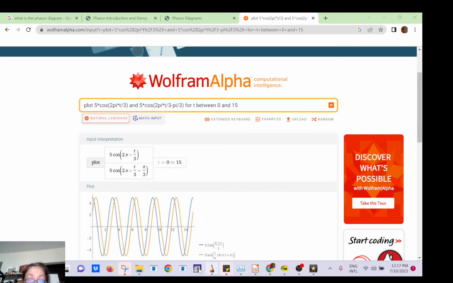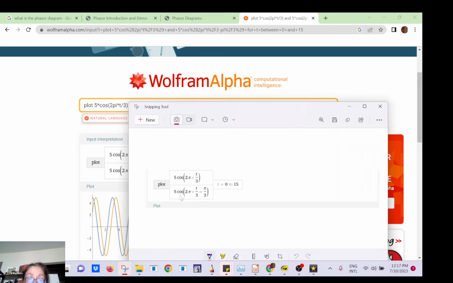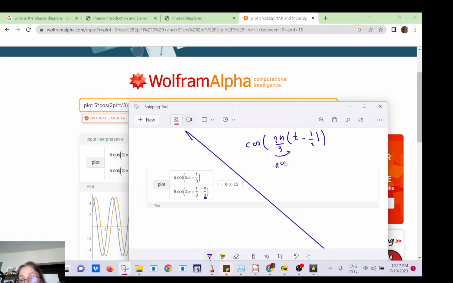So let's go back here. Let's take the cosine function here. Okay, you see, I can write cosine 2 pi over 3. I'm going to factor here, so it's going to be t minus 1/2, because when you distribute here, you have 2 pi over 3 t minus pi over 3, and that's 0.5 seconds.